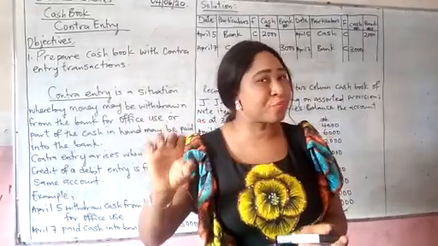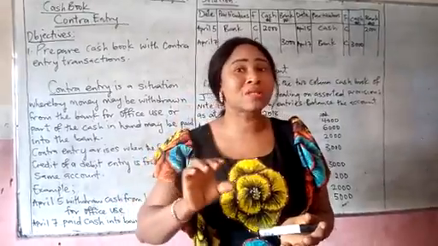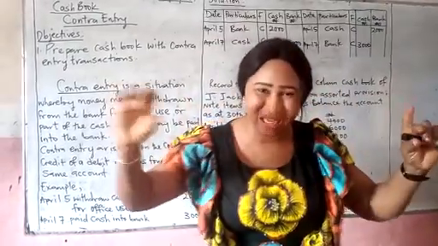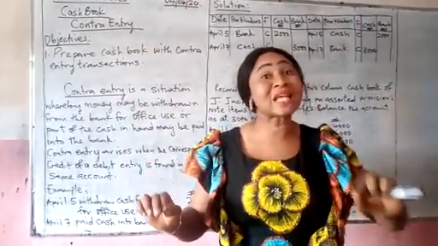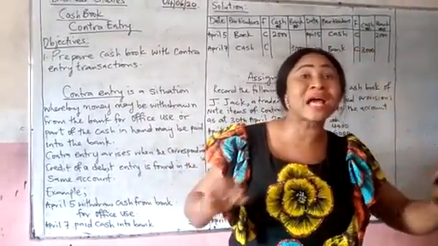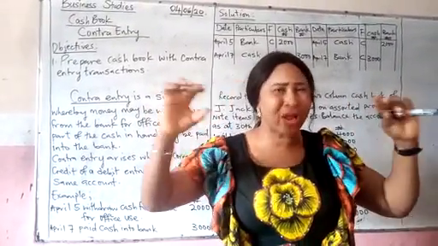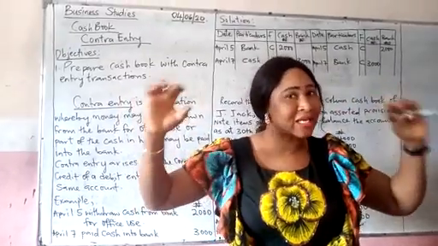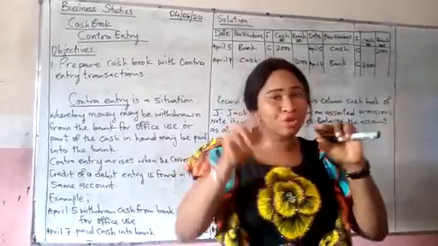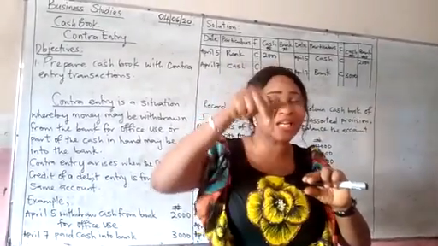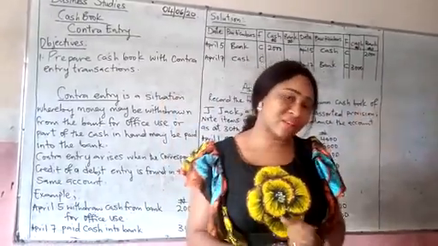At the end of the period, it is not posted to the ledger. This is because the double entry has been made already in the same cash book. It has a debit and a credit entry in the same cash book. So because the double entry has been completed in the same account, it will not be posted to the ledger.